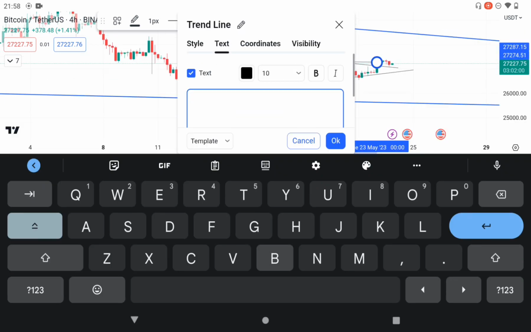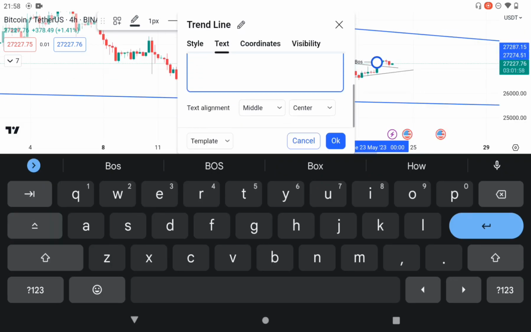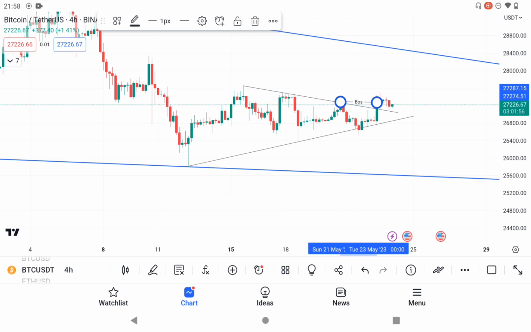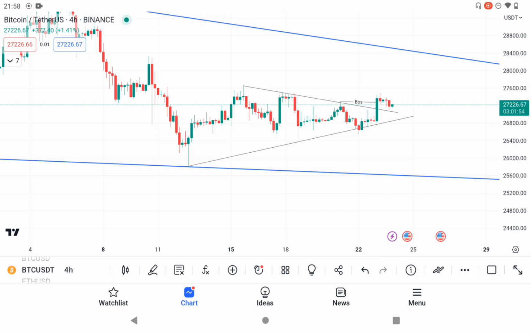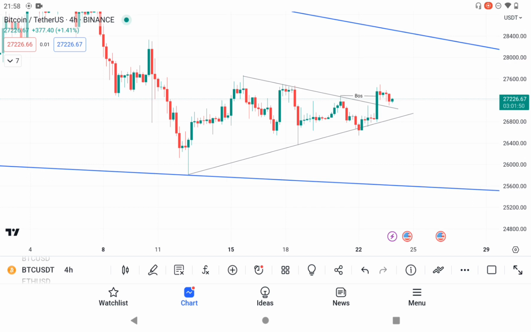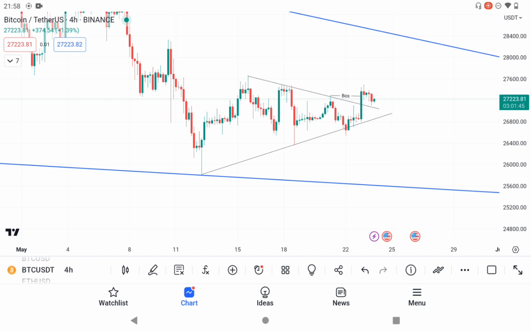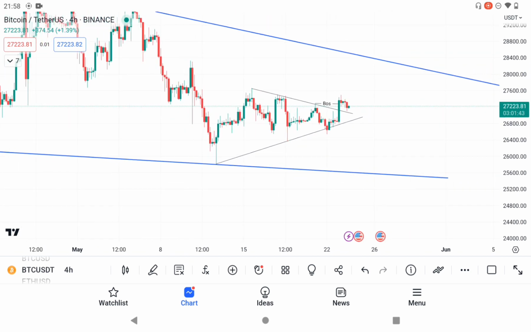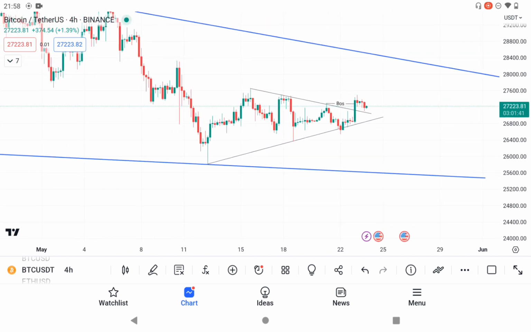All right, so this is it, BOS. So we have a break of structure occurring there. So what that means is that as it is right now, price of BTC may likely go up to clear out all the liquidity sitting above this area. We have liquidity sitting here.